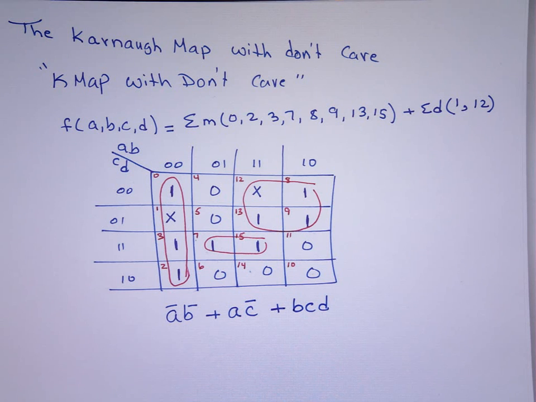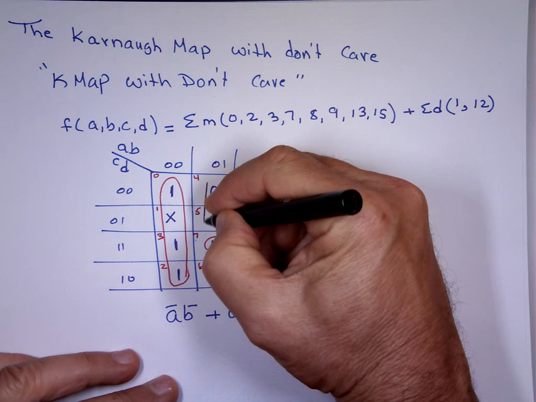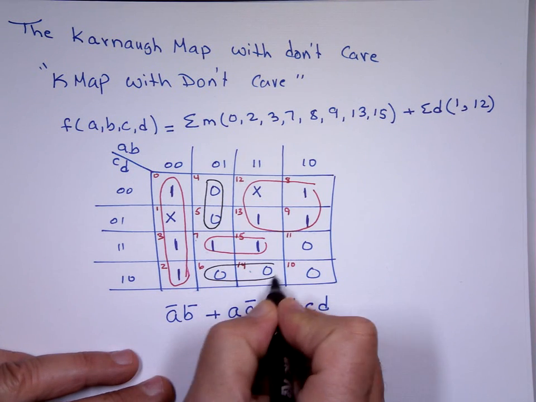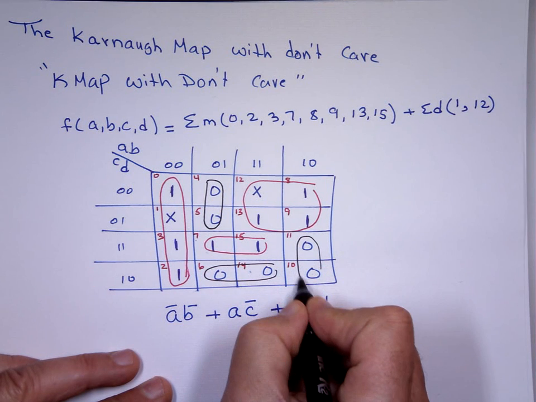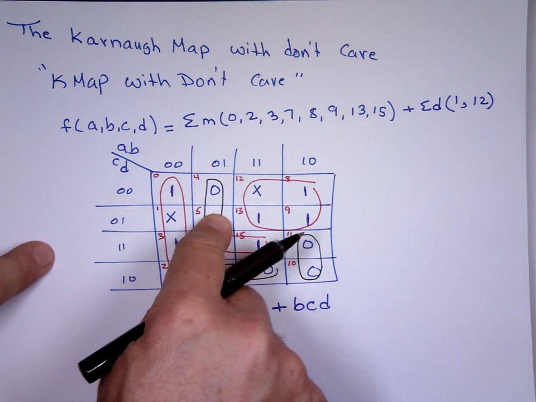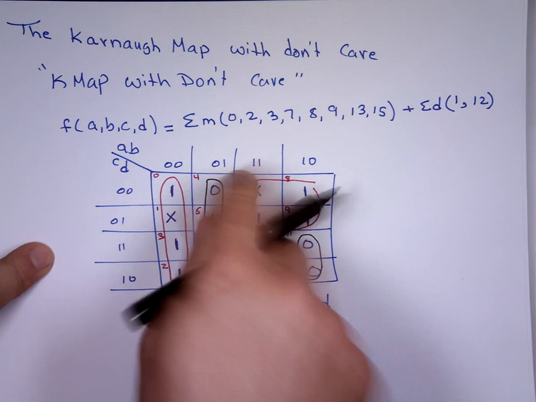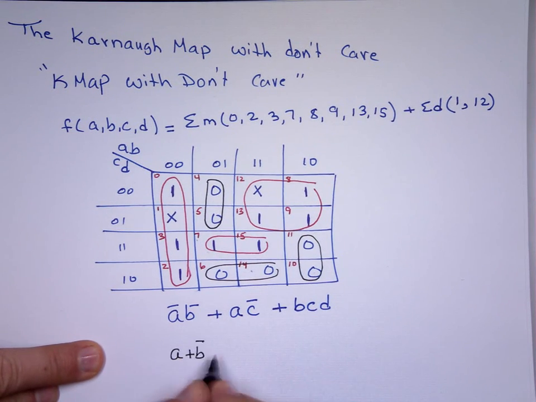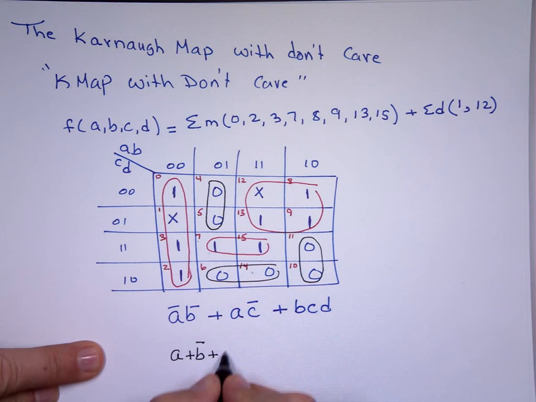If I'm looking to group the zeros, really not much of a choice again, because for the zeros, I gotta take these zeros, maybe these two zeros, and these two zeros. So if I group these zeros, notice here, A is 0, B is 1. So 0 is good, B I gotta complement, and C is 0.